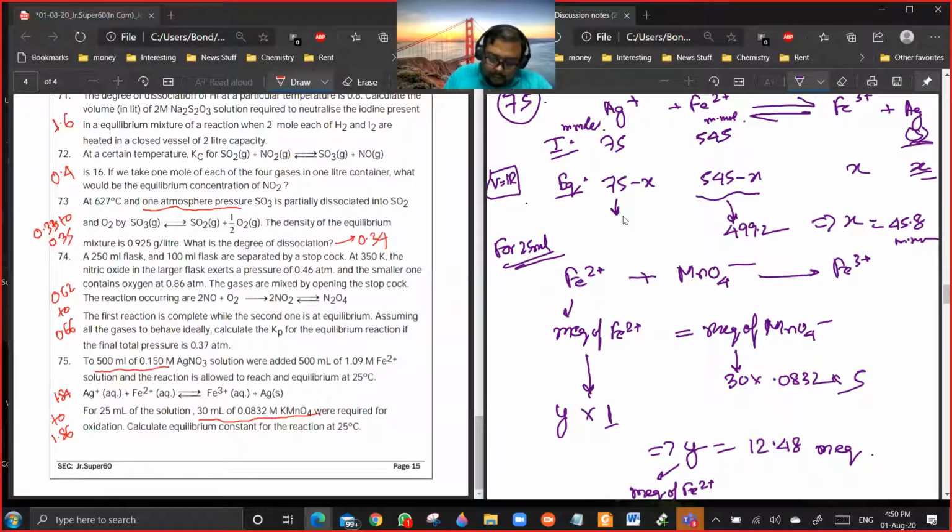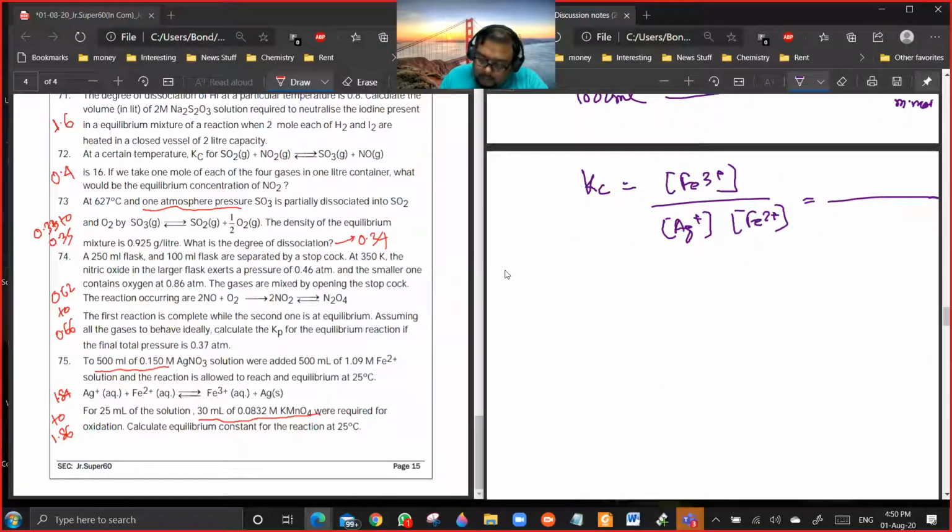It's 75 minus 45.8, just 29.2 millimoles in 1000 ml of solution. So the concentration of Ag plus is 29.2 by 1000, which is 0.0292.